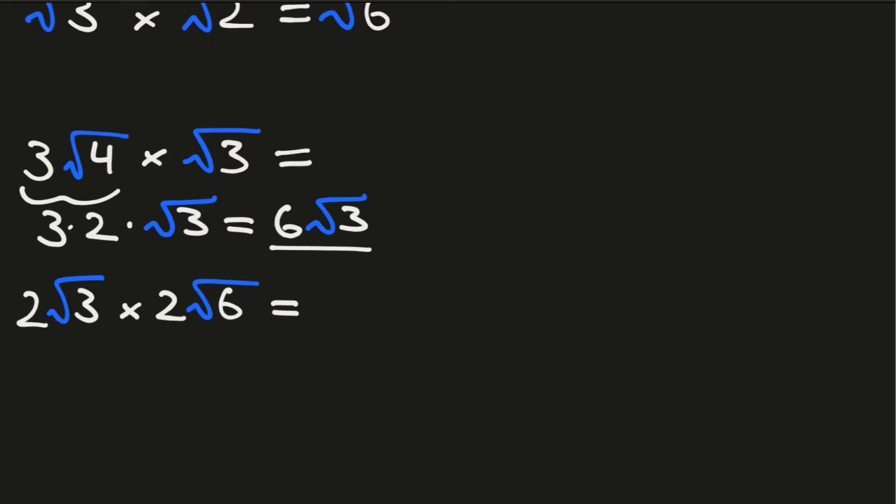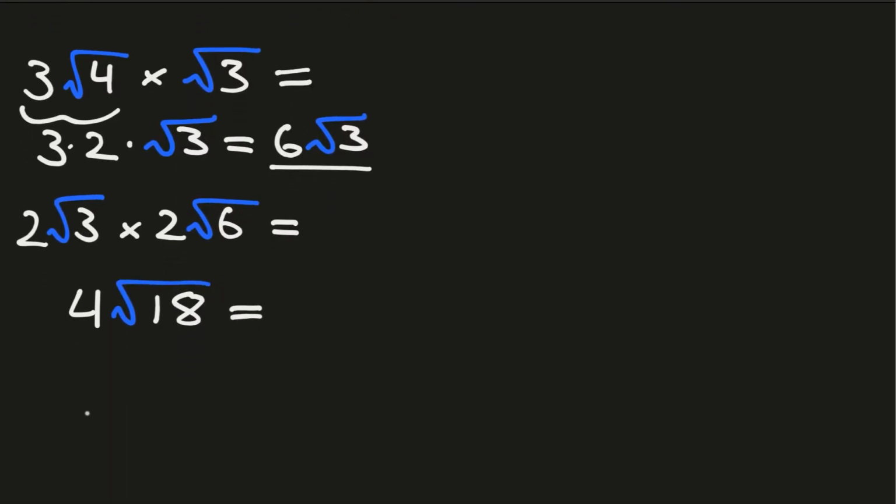2 times the square root of 3 times 2 times the square root of 6. We multiply the constants on the outside, so we're left with 4, and then we multiply the radicands, meaning that we're left with 4 square root 18. Except that the square root of 18 can still be simplified, in that it is equal to 4 times the square root of 9 times the square root of 2.